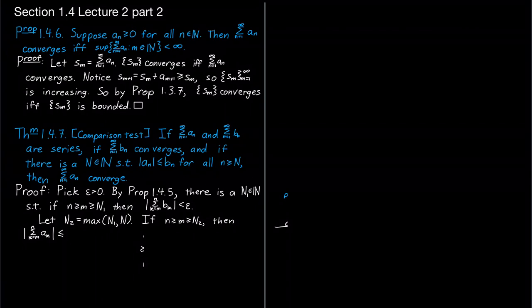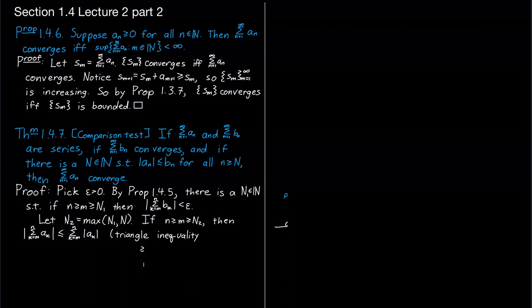Well, by the triangle inequality, we can move the absolute values inside. This is the triangle inequality. When we get to Chapter 5, we will tell you why we call it triangle inequality, and that'll probably make a little bit more sense.